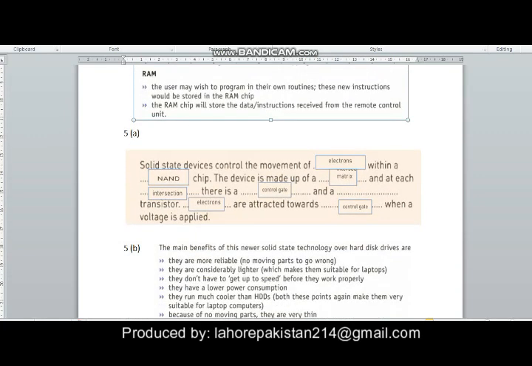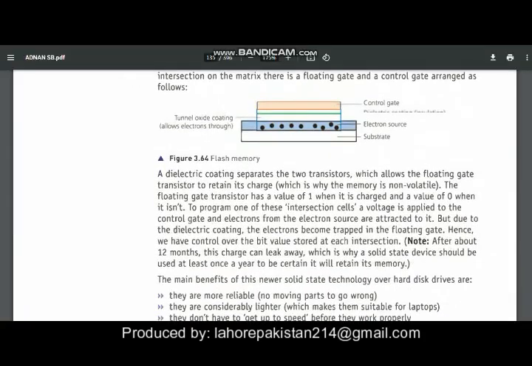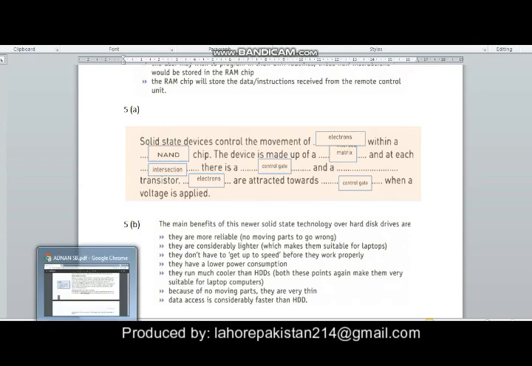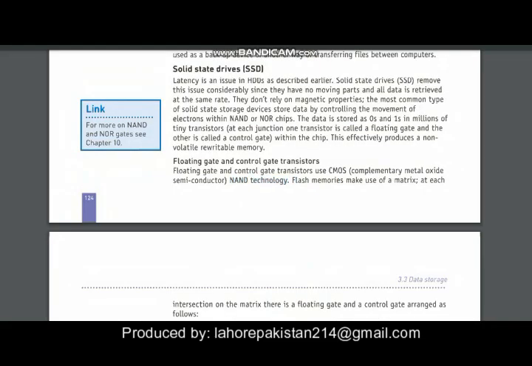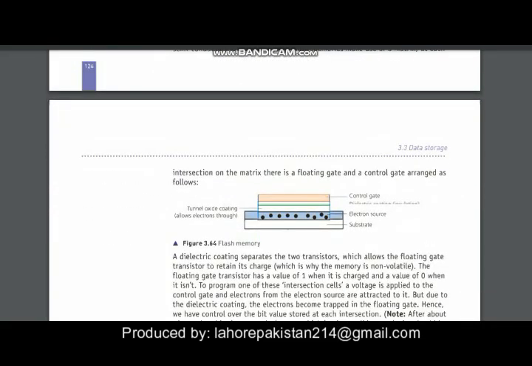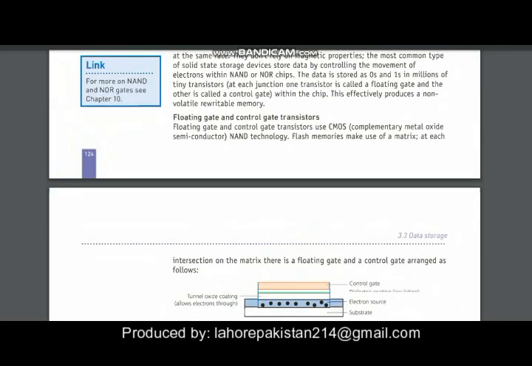Now next comes the fill in the blanks question. Solid state devices control the movement of electrons. You can see that on every bit there is movement of electrons for storing electric charge in SSD. You can see from here that the floating and control gates use NAND technology.